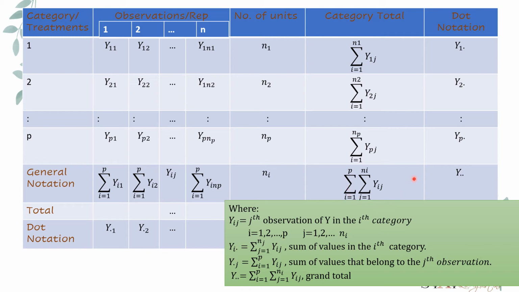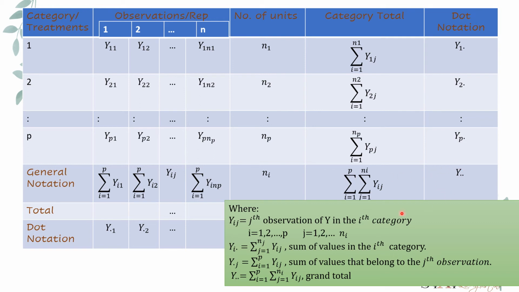Because whenever you know the principles or the concepts of this summation notation, even if you forget the formula, if you know how to read formulas, you know how to read the concepts, and it's easy for you to know the manual computation for different statistical tools by applying the principles of summation notation. So throughout our class, you will always use this summation notation, so you better master its principle. Remember, this is the grand total.